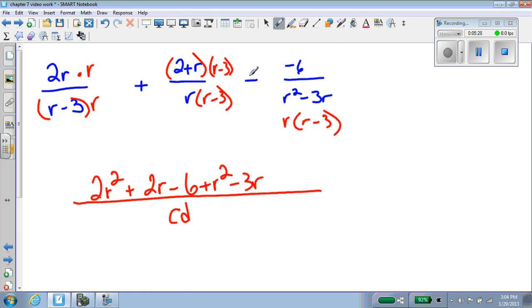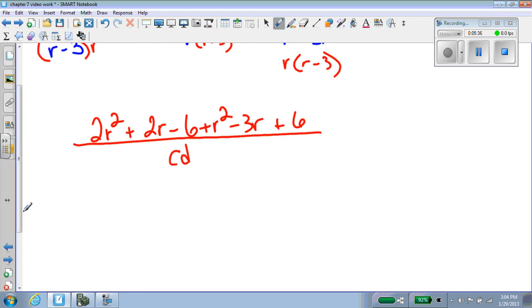And this numerator, minus negative 6, would be plus 6. I'm looking for like terms. So I have 2r squared and r squared. That makes 3r squared. I have 2r minus 3r, so that makes minus r. And then I have subtract 6, add 6, that makes 0.